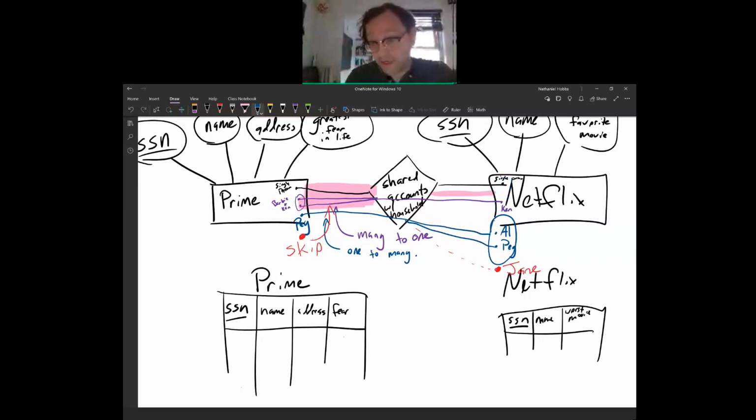Now we have 4 out of 5 that are participating in this relationship. So because it's a thin line, this is okay. There's no problem with that. But on the right, with skip, this is not okay because it's a thick line, which means that everybody has to participate at least one time.